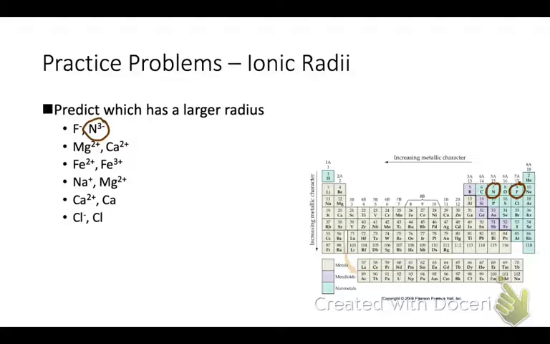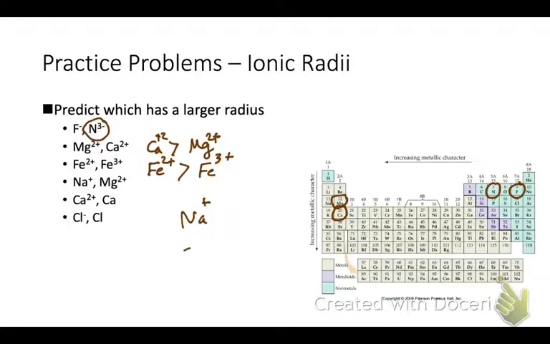If I have magnesium and calcium and they both have the same charge of +2, if you go down the group, the atom gets larger. So calcium +2 is larger than magnesium +2. Iron 2, iron 3, that's easy, it's the same atom. The higher the positive charge, the smaller the atom. So iron 2 should be larger than iron 3.